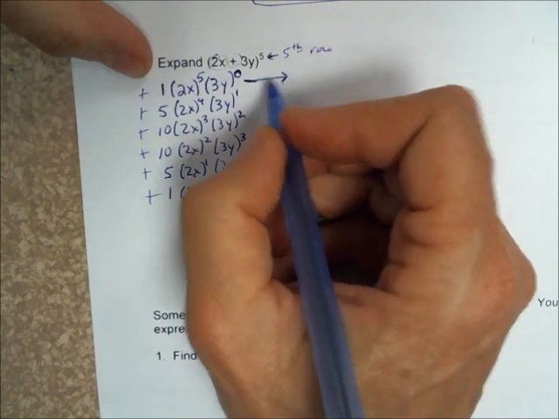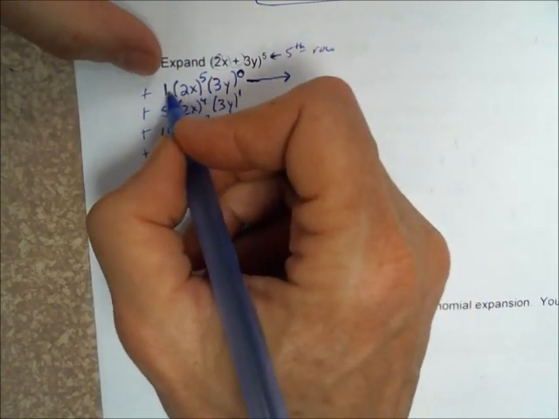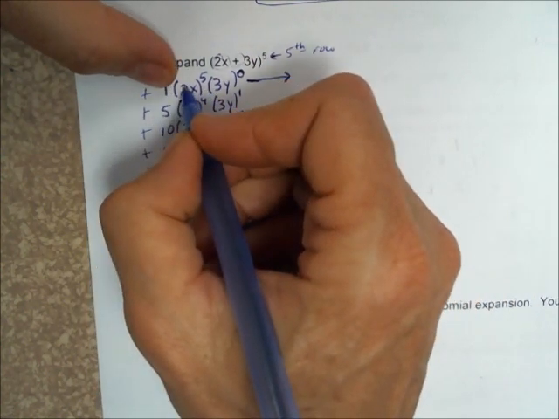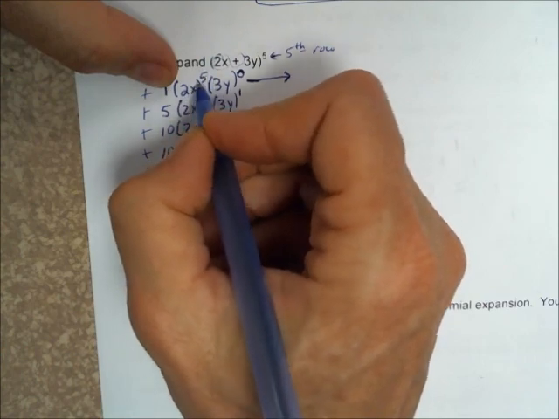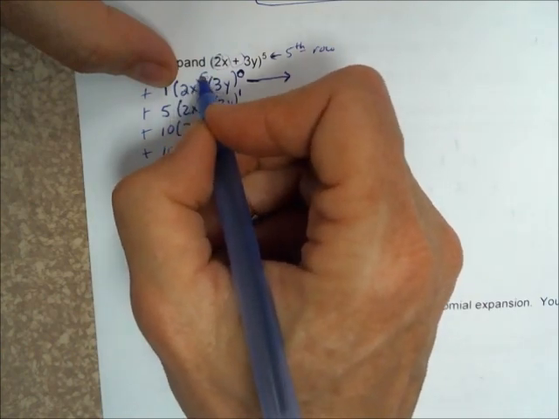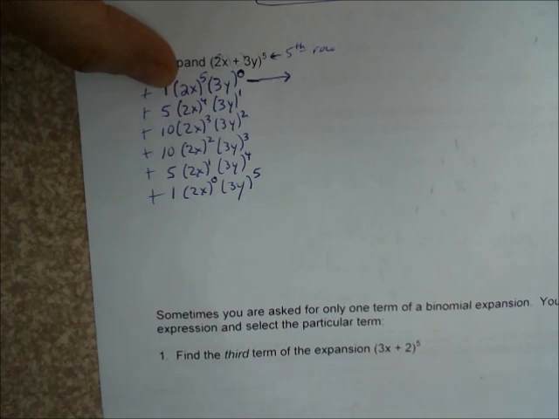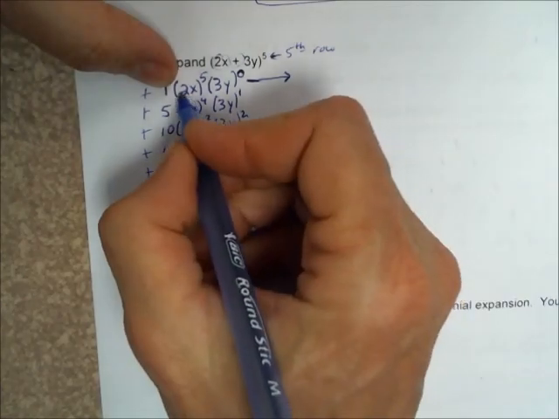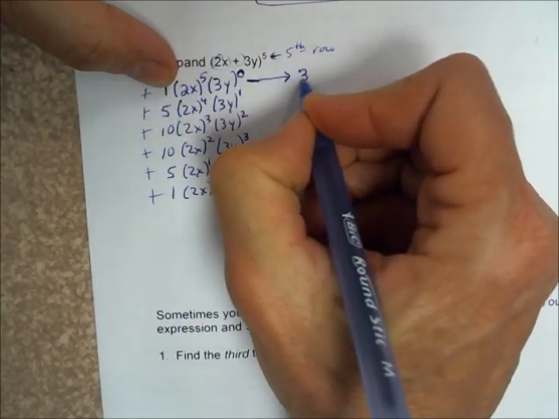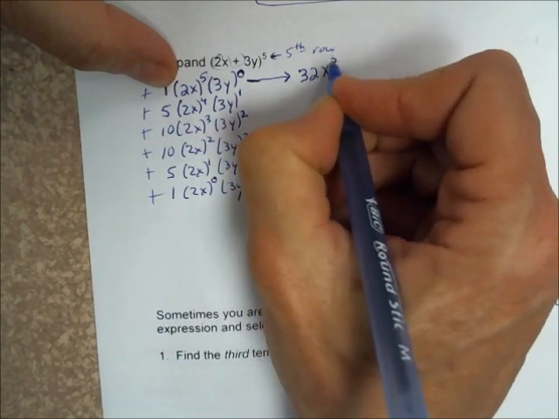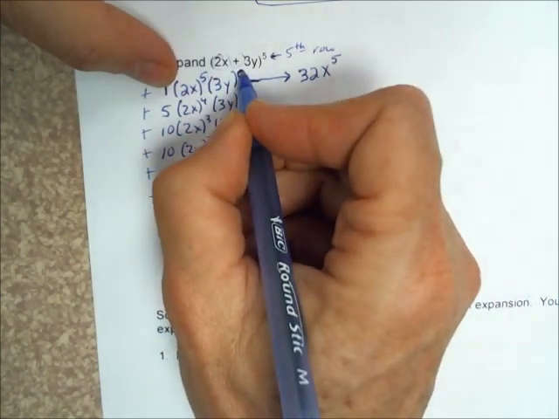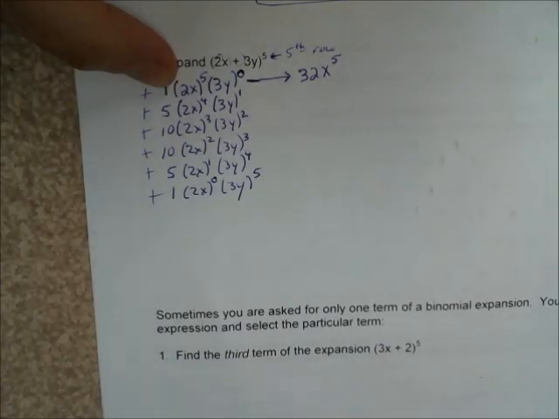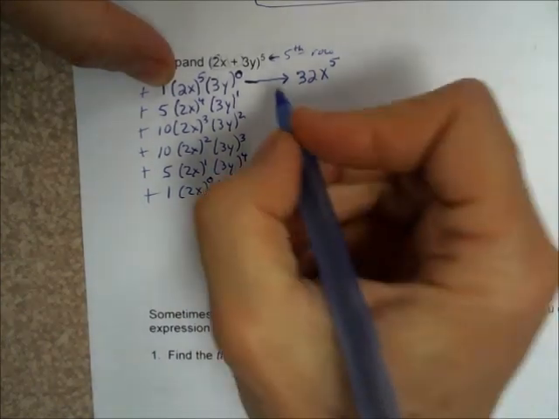This is kind of tricky when you have all of this stuff going on, but we have 1 times 2 to the 5th x to the 5th. Well, 2 to the 5th is 32. So this becomes 32x to the 5th, and then 3y to the 0 is just 1. So that's the first term.